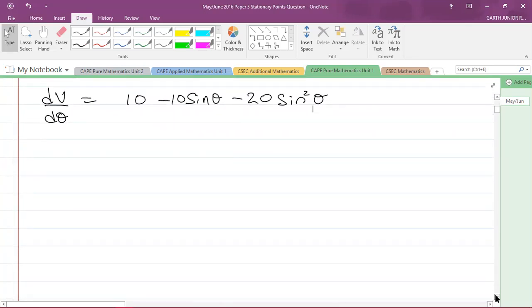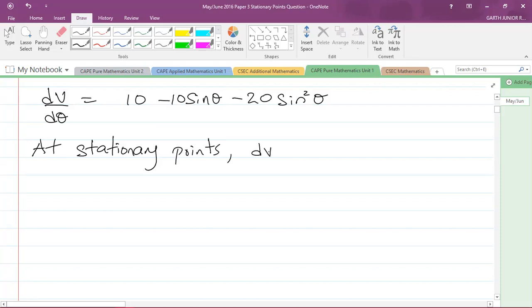So now that we have the derivative, let us now equate it to 0 and find the values of theta. All right. So we know that at stationary points, dv by d theta must be equal to 0, right? We know that.